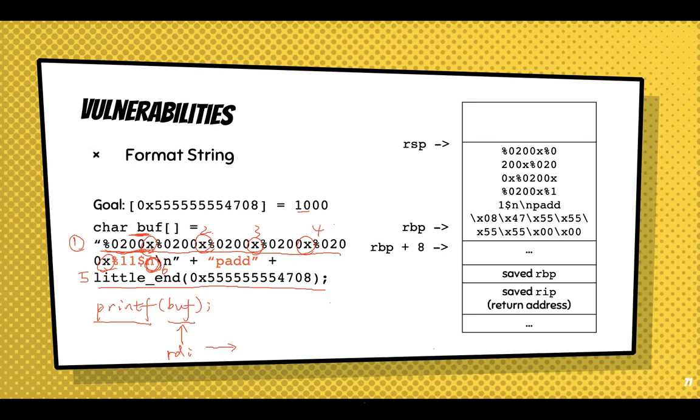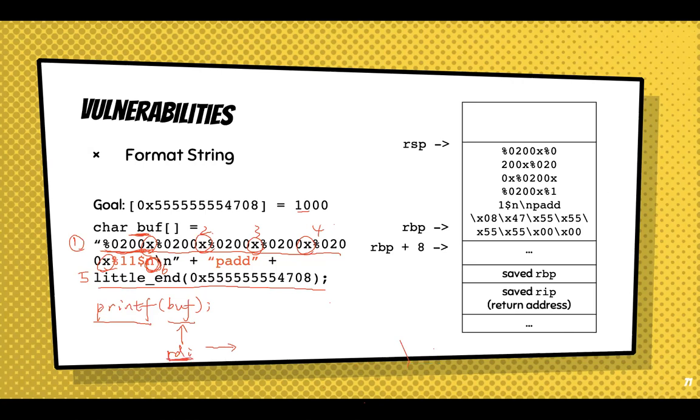Okay, then let's figure out what it does for those first 5 prints. We know it's going to go for 5 arguments, so it needs to find those 5 arguments to output. We know that this is already the first argument for printf.